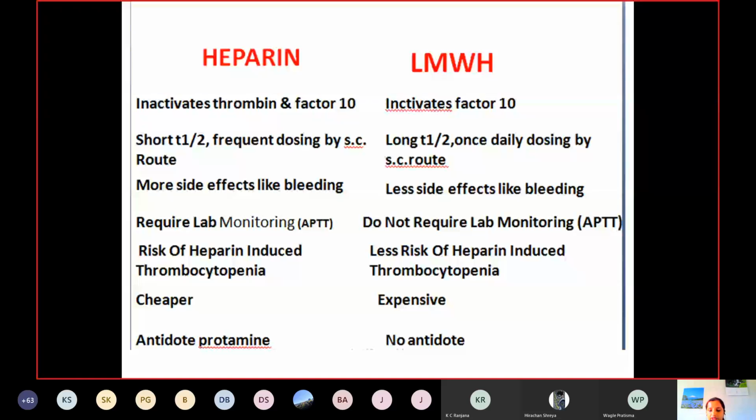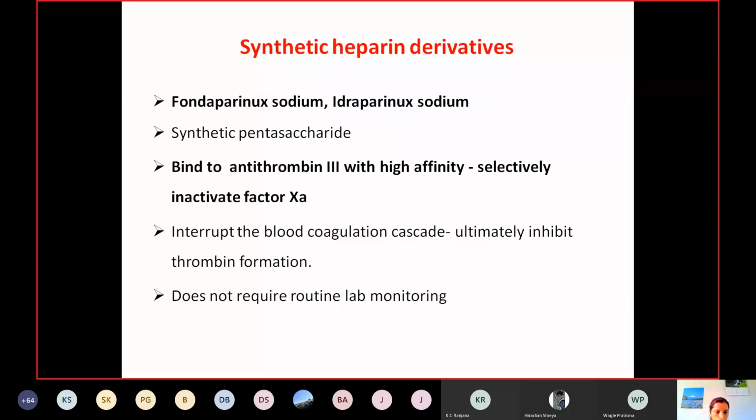So do you know differences between these two? Low molecular weight heparin and unfractionated heparin, or just heparin. What are the differences between these two drugs? Low molecular weight heparin has less side effects. Another very important difference: low molecular weight heparin does not inhibit thrombin, factor 2.